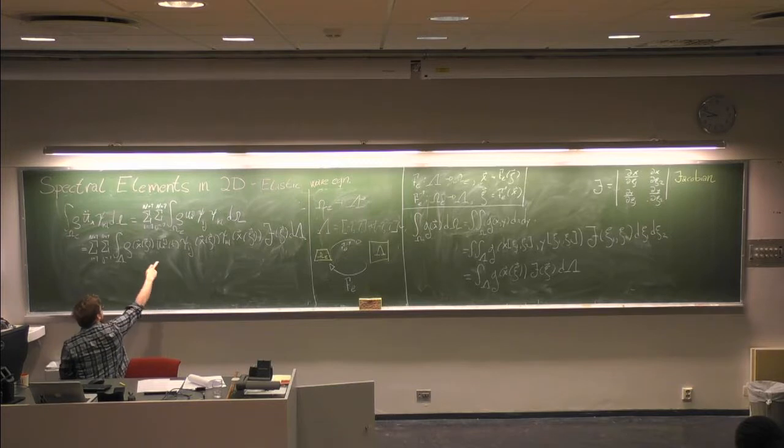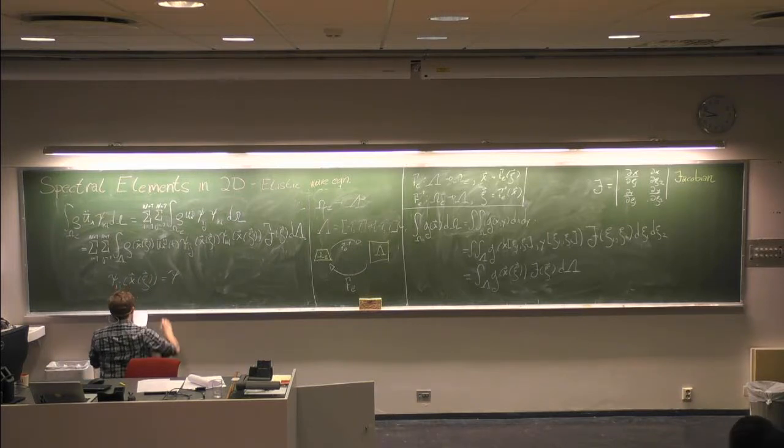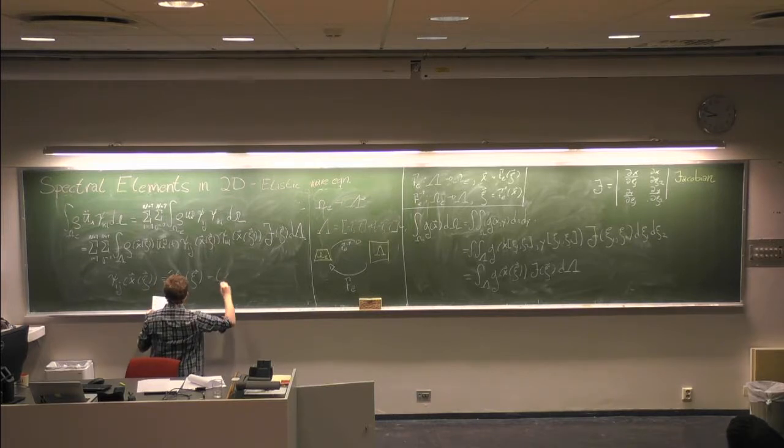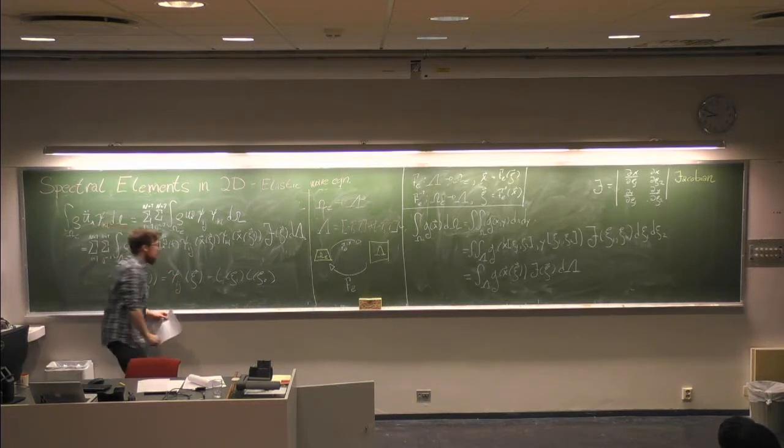So this phi ij of xi is l i of xi1 and l j of xi2.